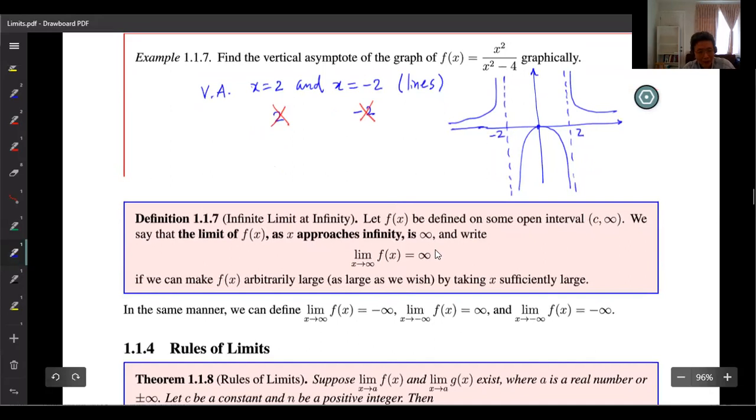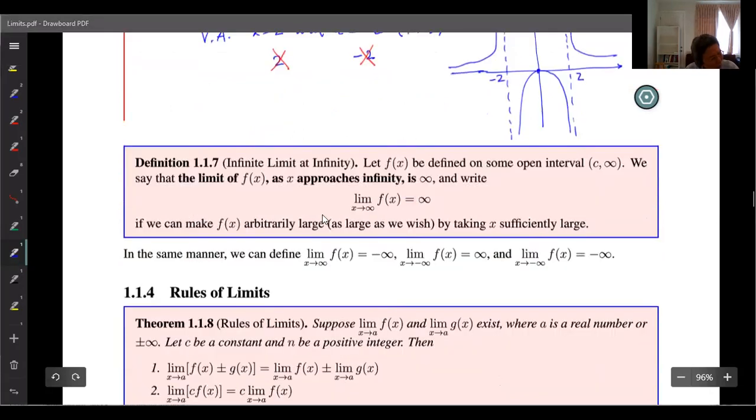And last, we don't see this very often, so it's just one special case. You may see this when you learn polynomial functions in pre-calculus, the end behavior. As x gets larger and larger, y is also getting larger and larger. So this is a very special case: the limit is infinity as x approaches infinity.